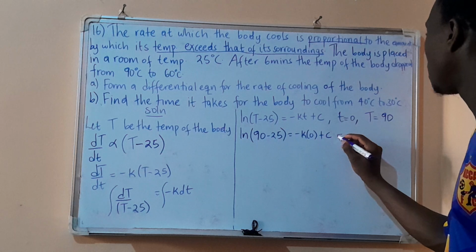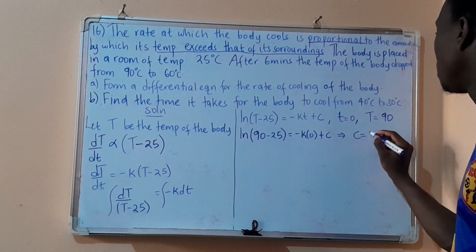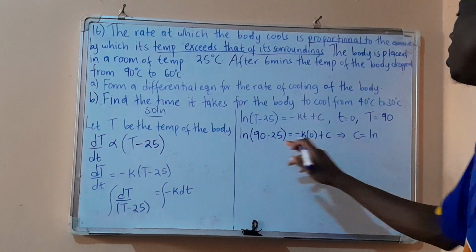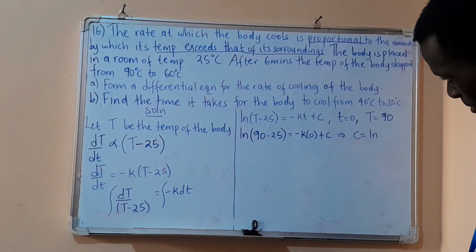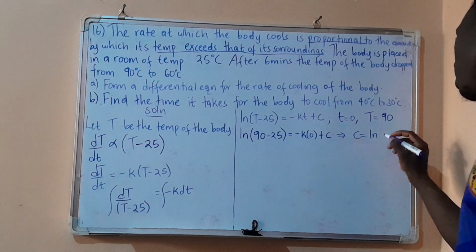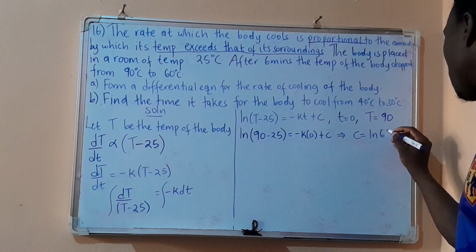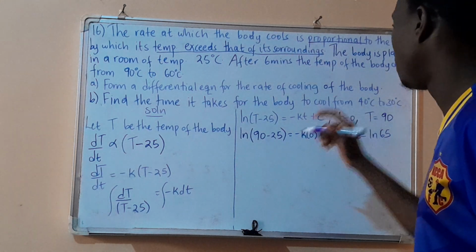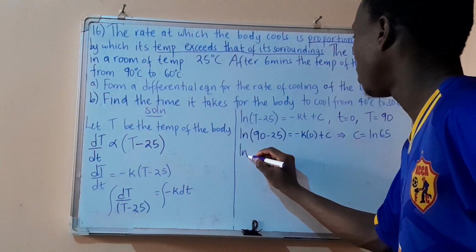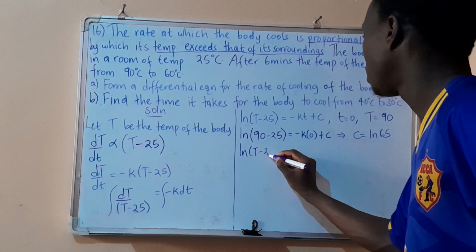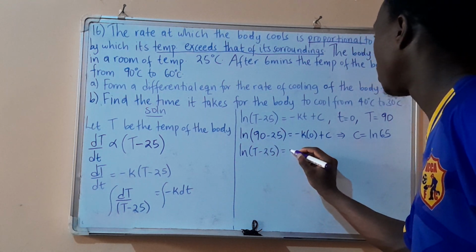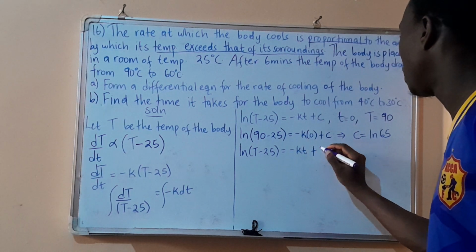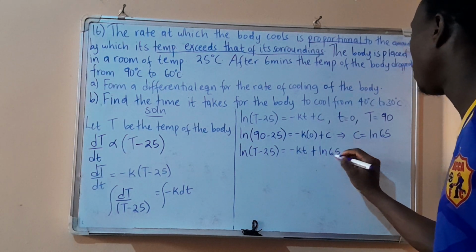This implies that c is natural logarithm of 90 minus 25, that is 65. So we can now substitute back the c. We shall have natural log of T minus 25 equal to negative kt plus natural log 65.